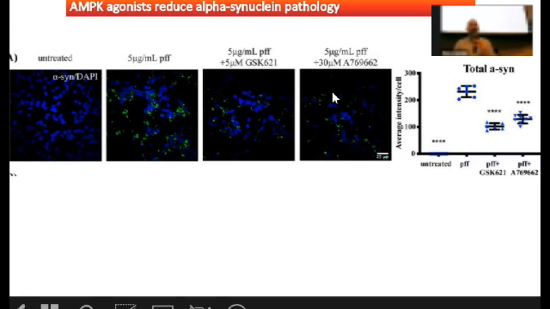And hopefully you can see that the drugs again are reducing that green signal, the alpha-synuclein protein. AMPK is actually the molecular target for exercise. So if you're exercising, you're kind of naturally doing this rather than taking drugs. So we heard already about the benefits of exercise, and this is one of the ways that molecularly it actually works, by activating this AMP kinase enzyme.